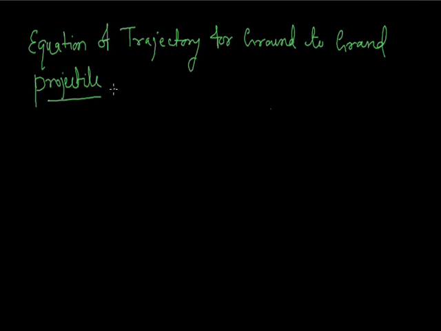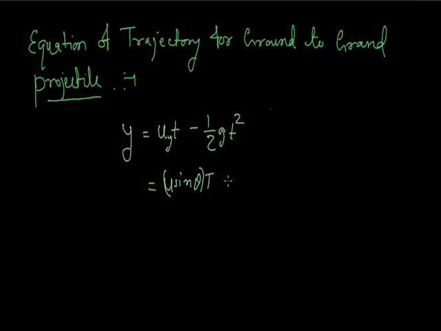As we discussed earlier, we already know the kinematic equation: y equals u_y t minus half g t square. Here u_y is the component of velocity in the vertical direction, u sin theta, and t is the time of flight.